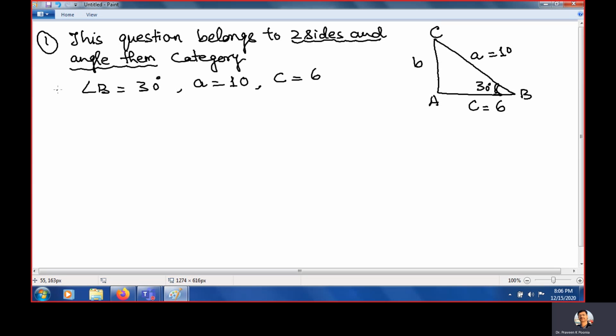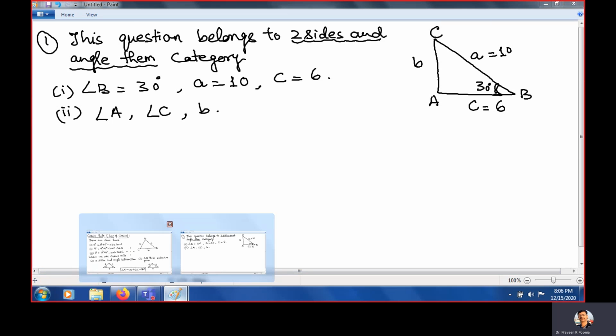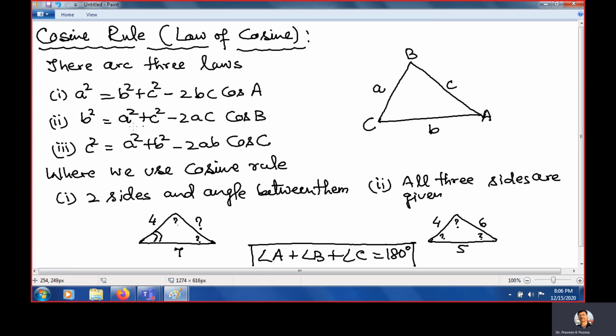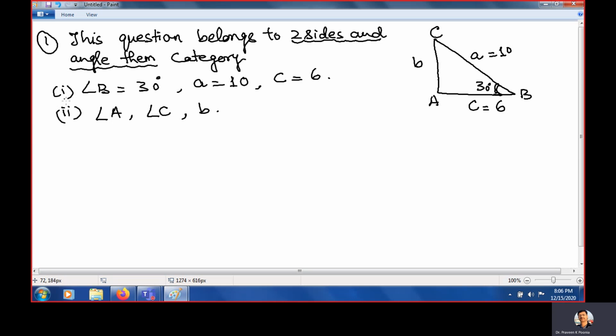What we need to find are angle A, angle C and the side B. Since A, C and angle B are given, we can calculate side B first. Clear?